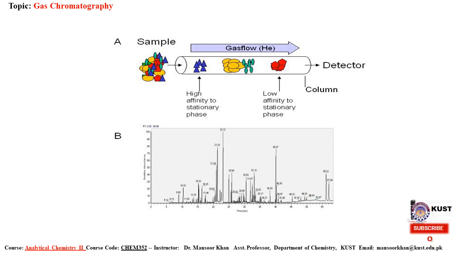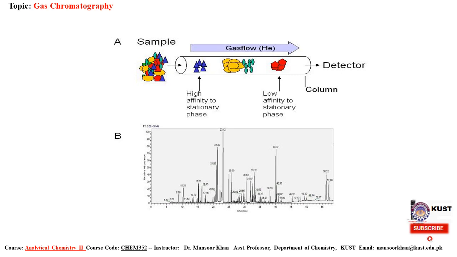Here, the red component of the sample moves fastest. The red component's affinity toward the stationary phase is very low, so its velocity is high. So first the detector will detect this component of the sample and it will show it in the form of a peak on the chromatogram.